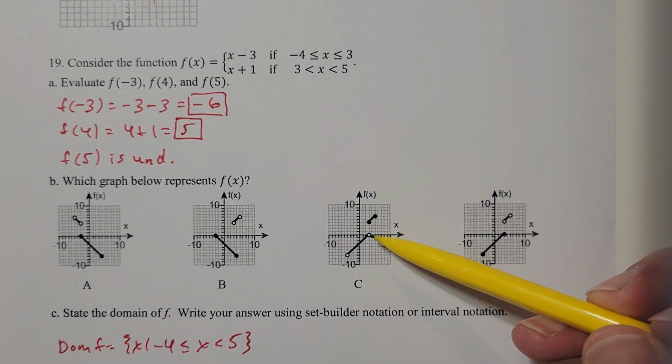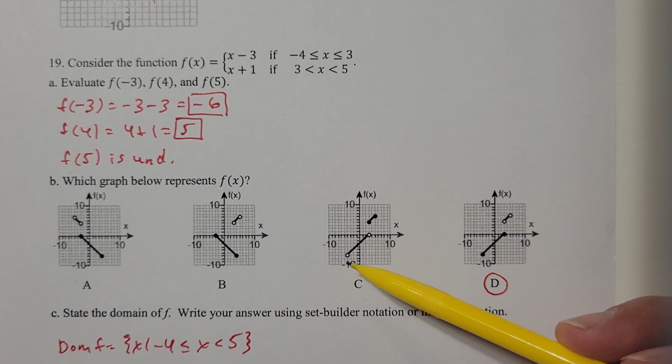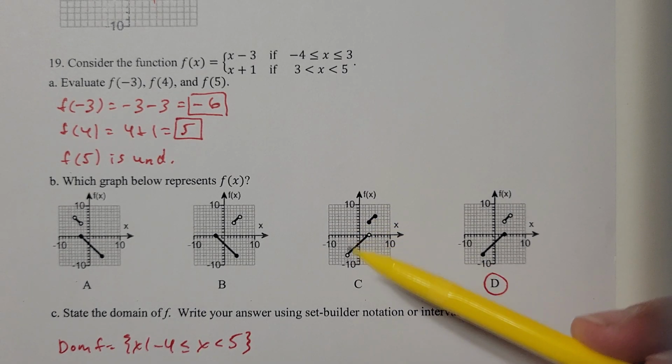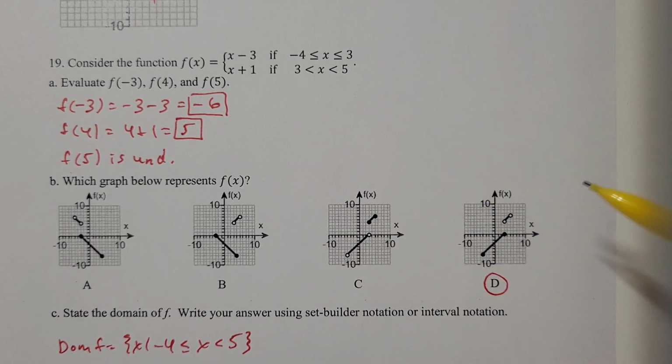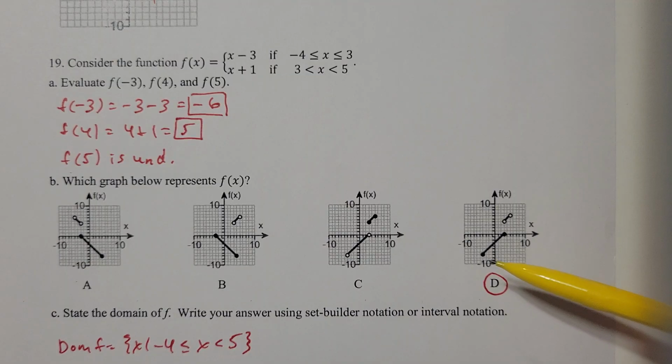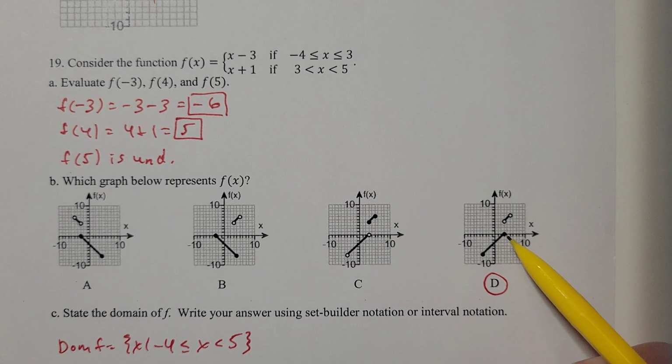So (3, 0) should be on the graph. And we said that (-4, -7) is on the graph. Well, it's not going to be this curve, because these have open circles. So D is the answer. Here's (-4, -7), and here's (3, 0).